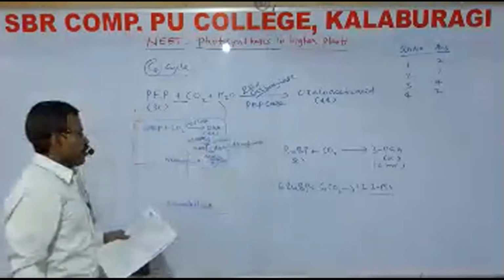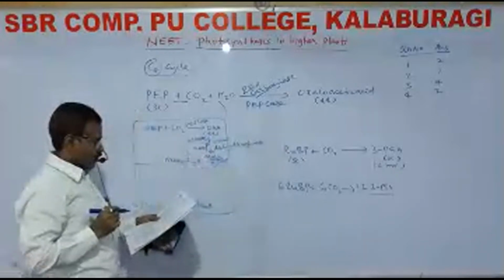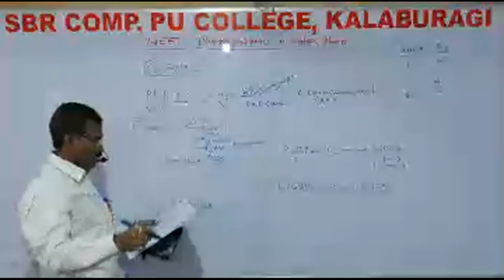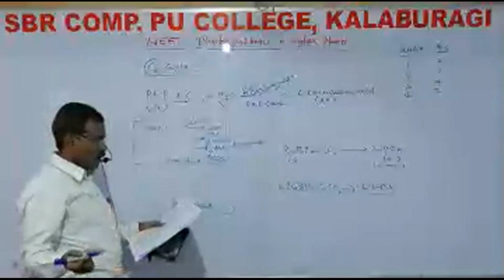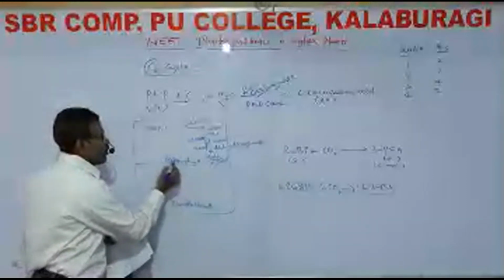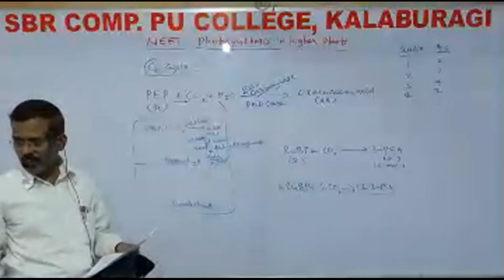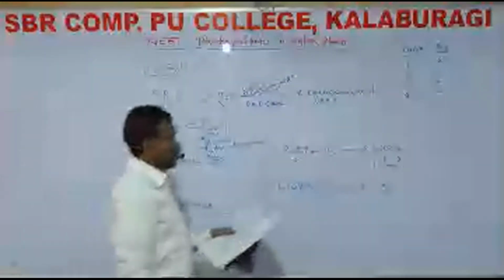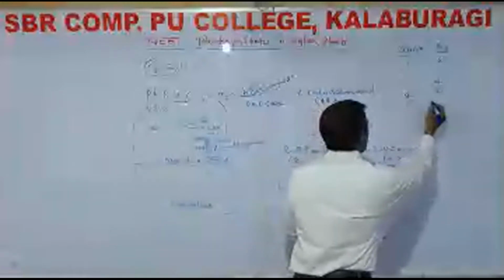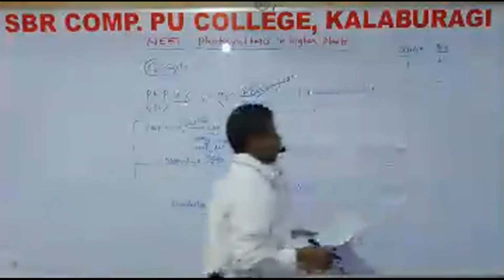Oxaloacetic acid, malic acid, or aspartic acid are found in the mesophyll cell. So it will be the first option.